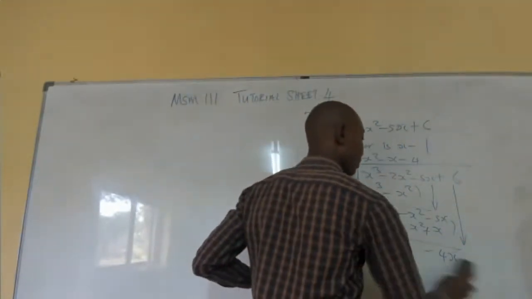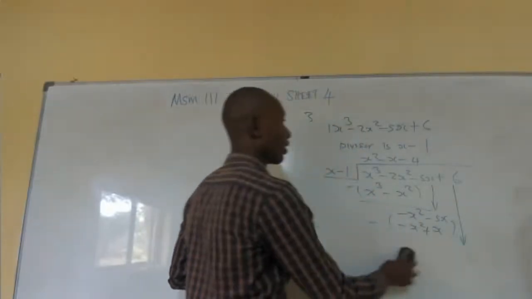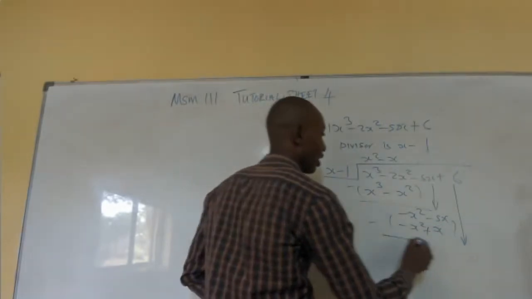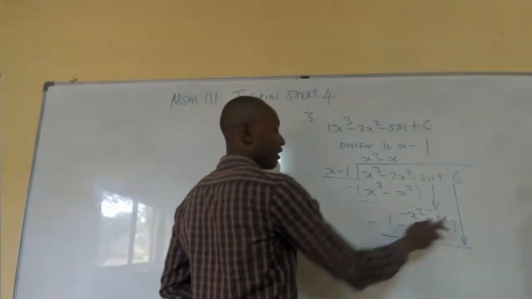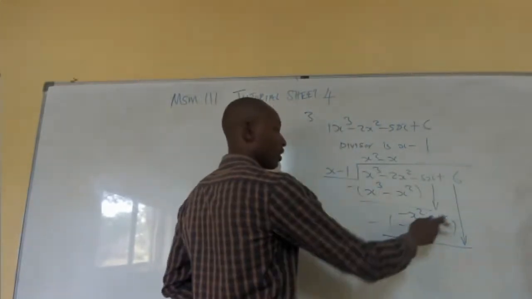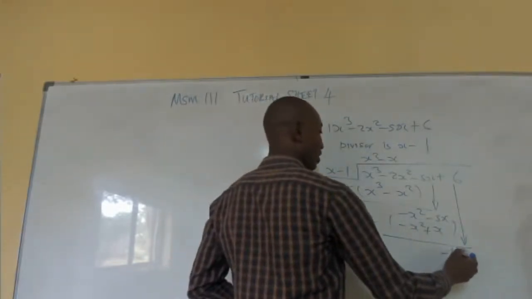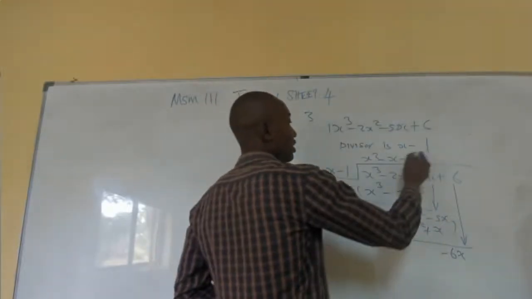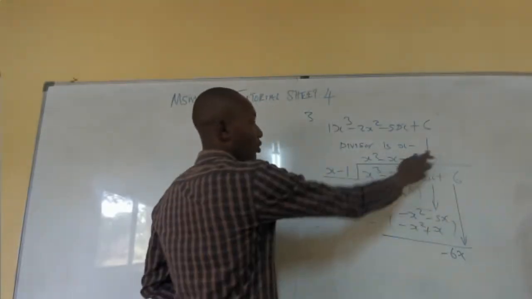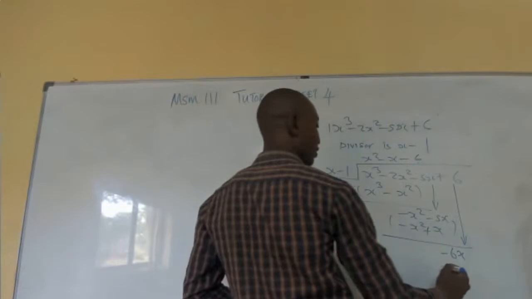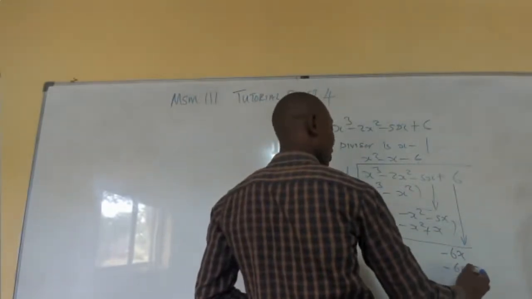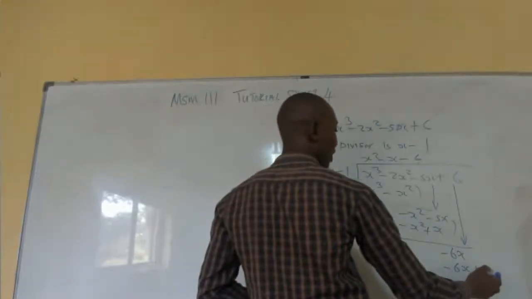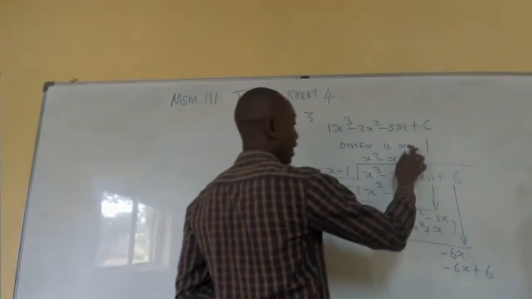Already this alters our result. So we have negative 5x minus x, which ends up being negative 6x. x into negative 6x is negative 6. Then when you multiply this times this, we have negative 6x from this, then plus 6.